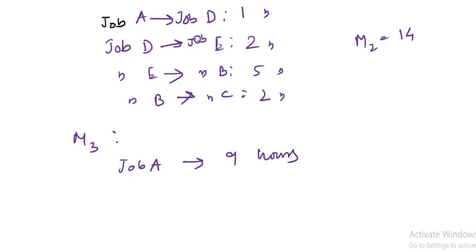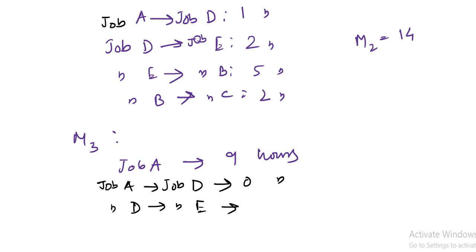Job A to D, 17 minus 17, that is 0 hours. Job D to E, 24 minus 24, that is also 0.